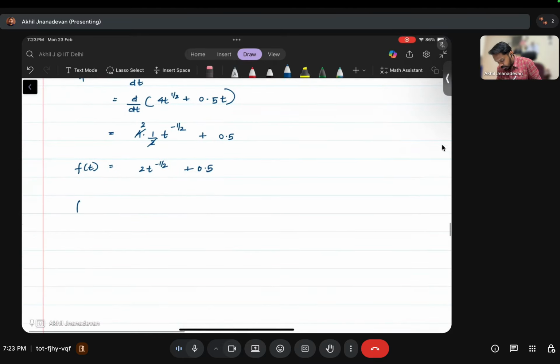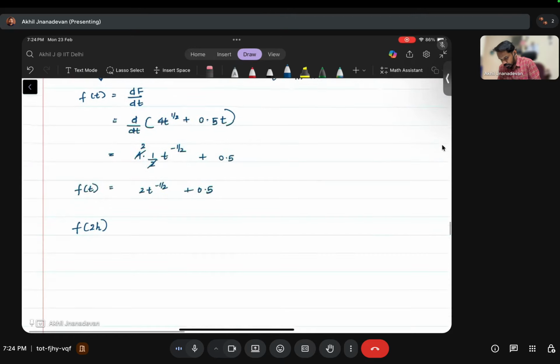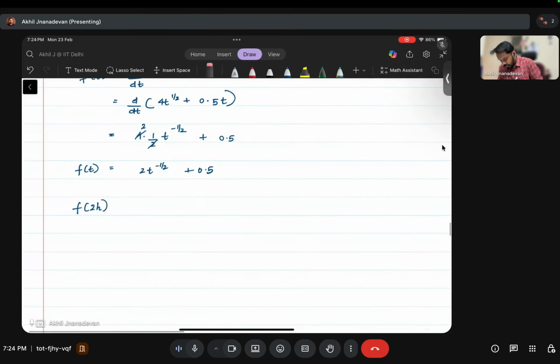So we can substitute for 2 hours. No, they have been asking for 4 hours. So we substitute 4 hours. It will be 2 into 4 raised to minus half plus 0.5. If you solve this, this is 1 plus 0.5, that will be 1.5.